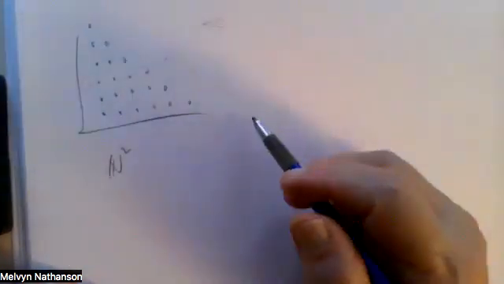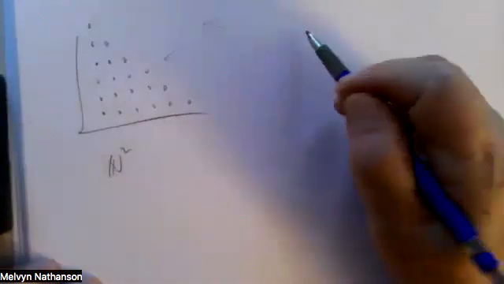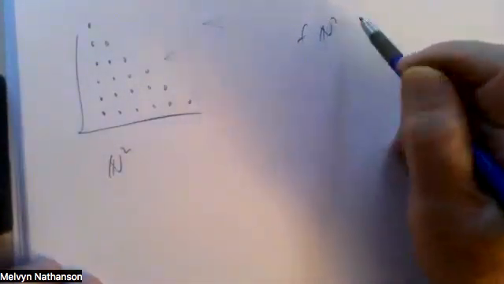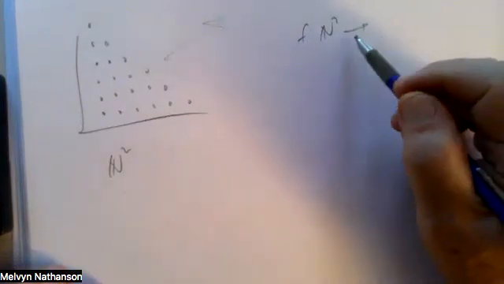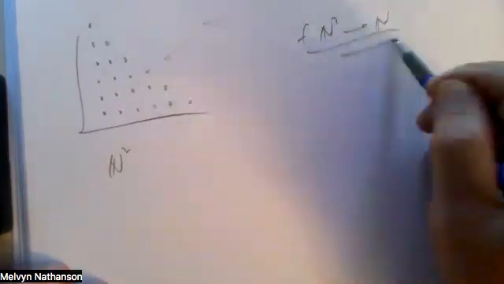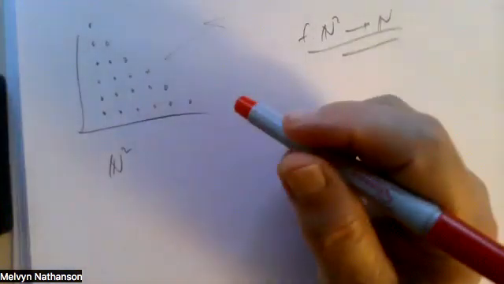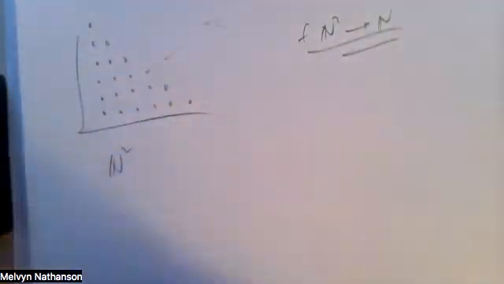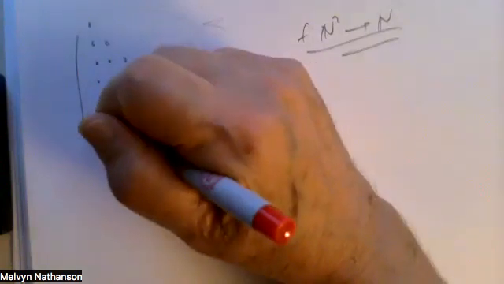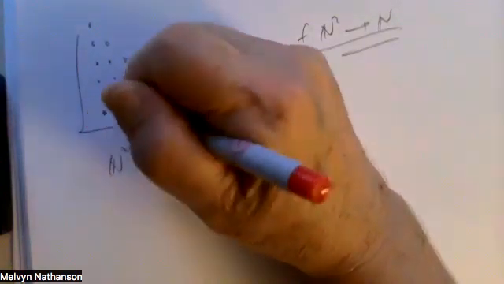So these are the lattice points. And I just have to prove there exists a function f from n squared to n, which is a one-to-one correspondence. And what I said is one way you can do this, there are lots of ways to do it. One way is to look at the points on successive diagonals.